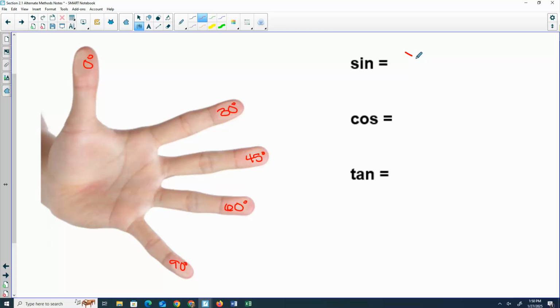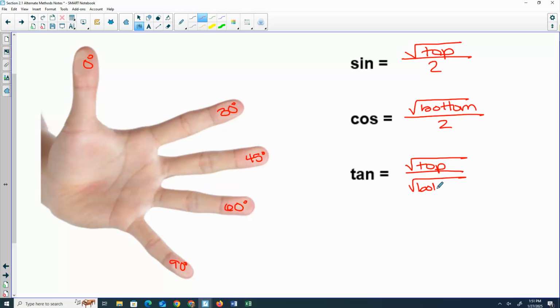The pattern for sine is going to be the square root of the top divided by 2. And I'll explain why in a second. Cosine is the square root of the bottom divided by 2. And tangent, because tangent is sine over cosine, it's square root of the top over square root of the bottom.